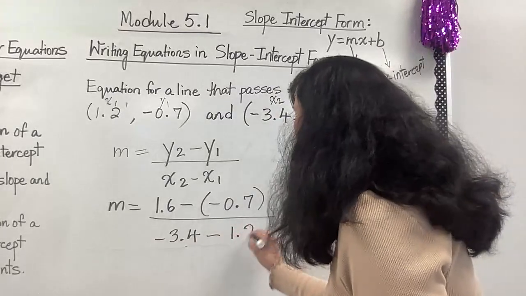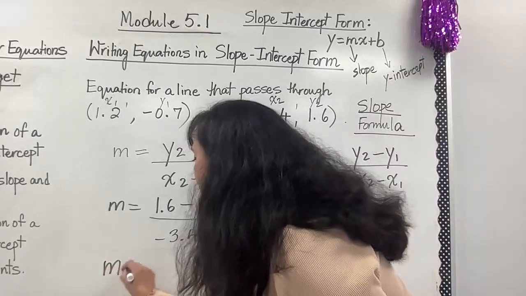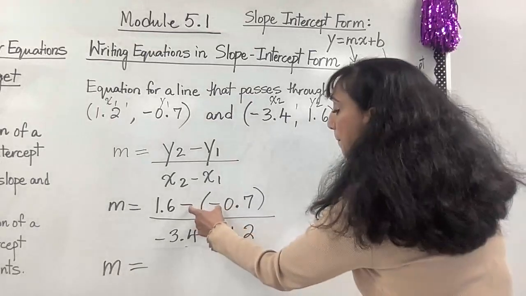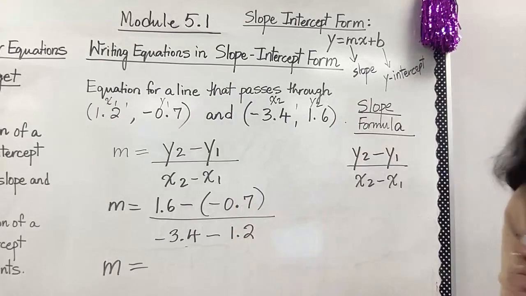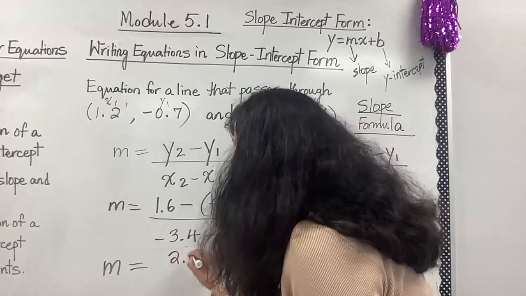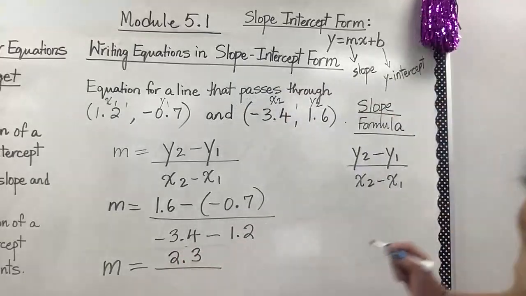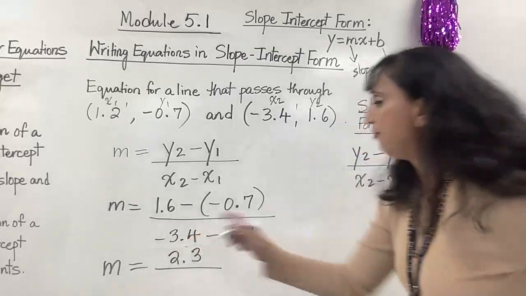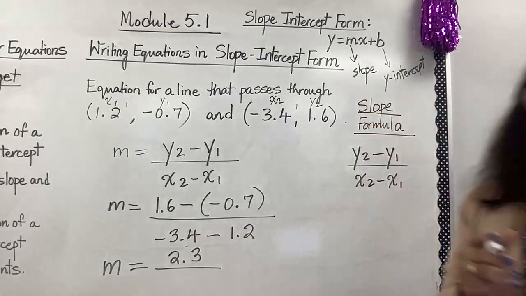So now when I simplify and I do 1 6/10, and this becomes plus 7/10, and that gives me 2 3/10 over, I have negative 3 4/10 minus 1 2/10.